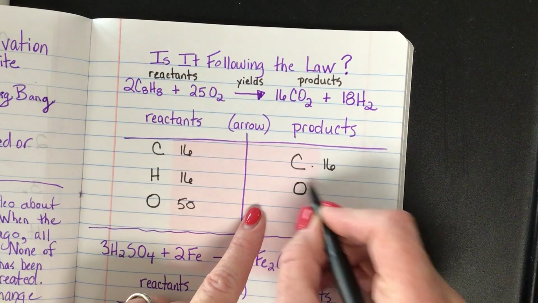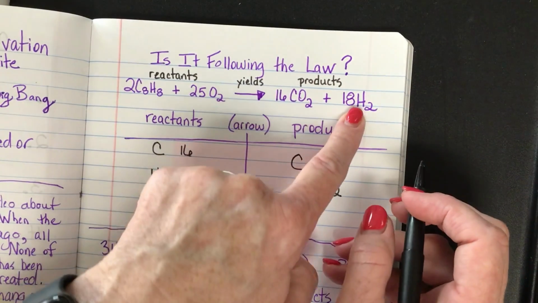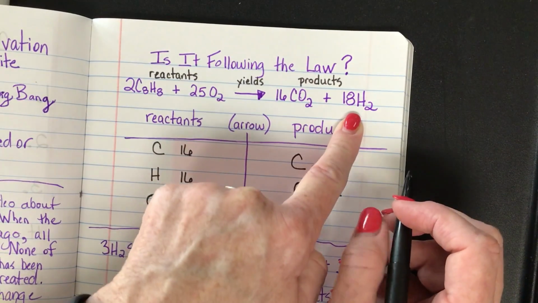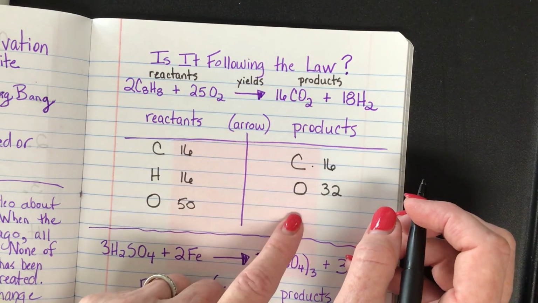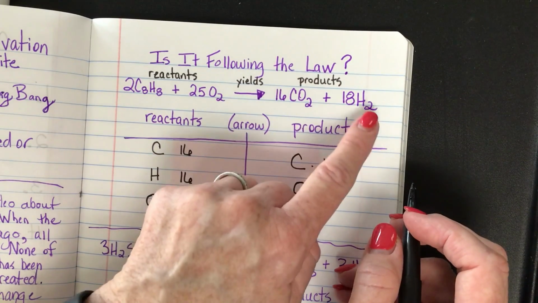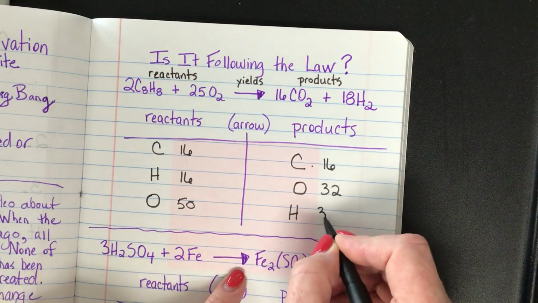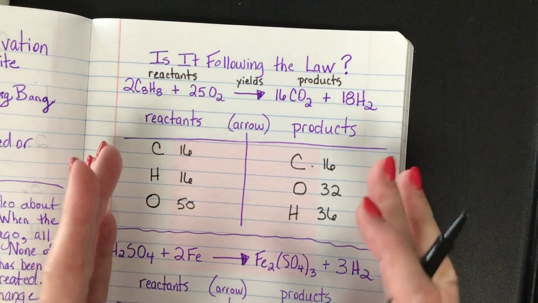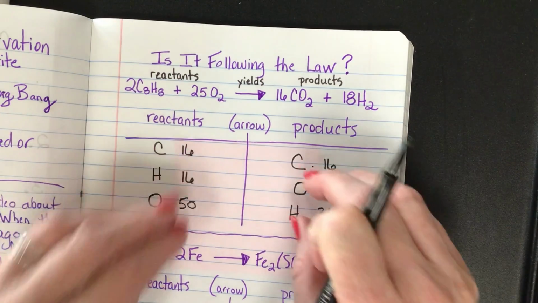So oxygen is 32. And then we move over, how many molecules of hydrogen? 18 molecules of hydrogen. Hydrogen has 2 times 18, 36.